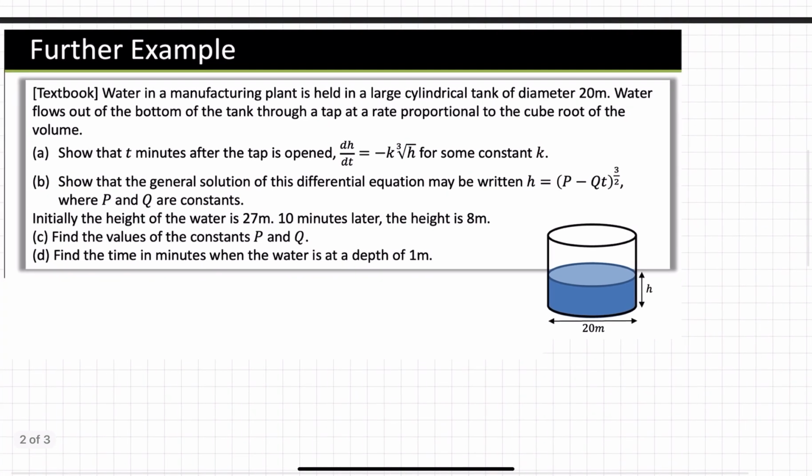Okay, new example. So we've got water in a manufacturing plant. It's held in a large cylinder tank of diameter 20. Water flows out the bottom of the tank through a tap at a rate proportional to the cube root of the volume.